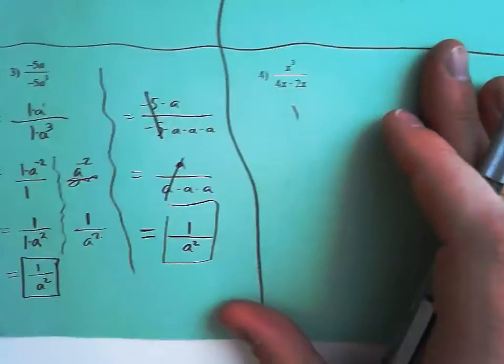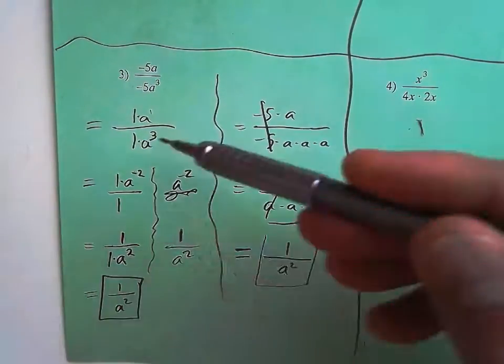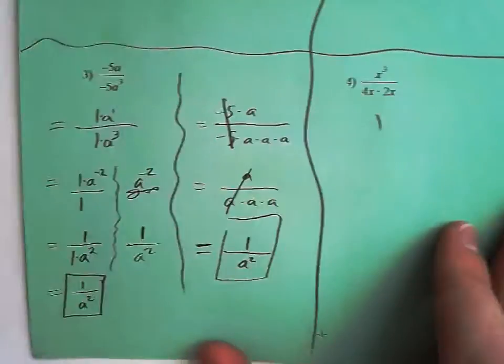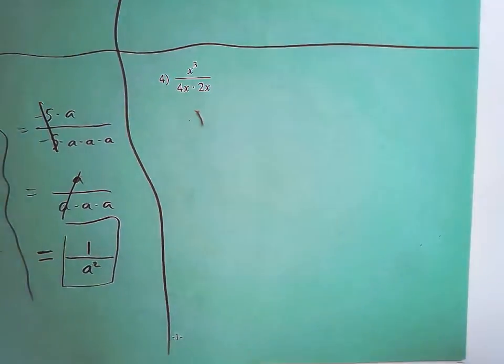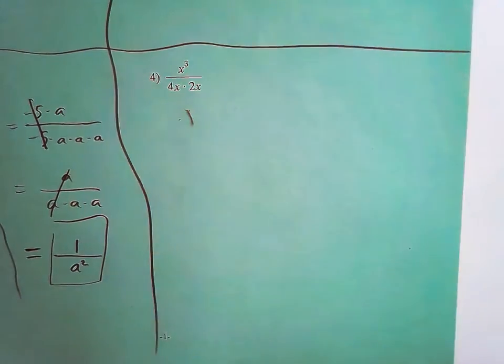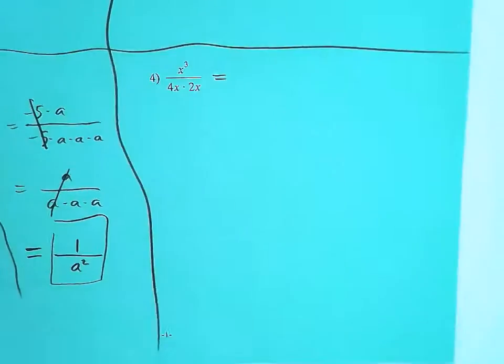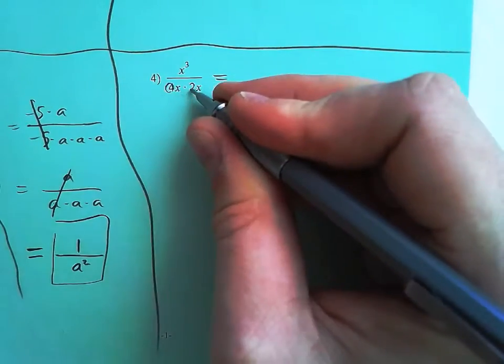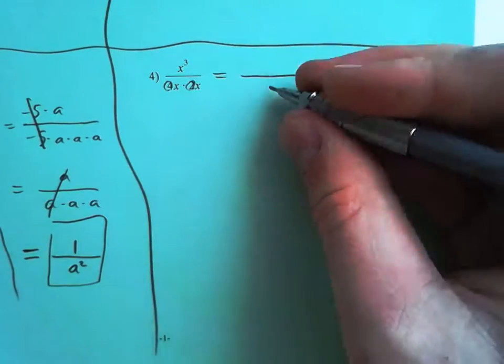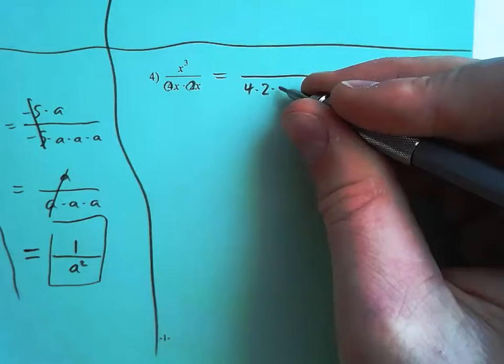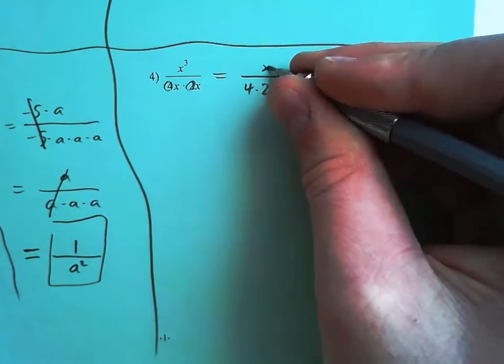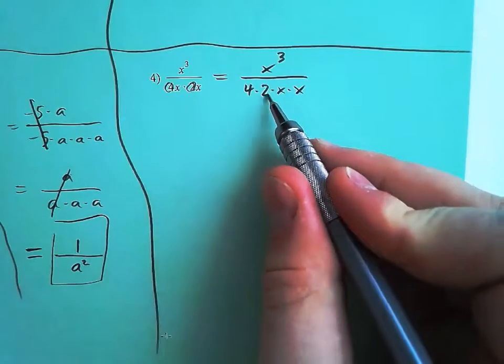Number 4. On your paper, you don't need to show both ways. Just one or the other is fine. Number 4. Before I deal with the top, I'm just going to simplify the bottom. 4 times 2 is 8.